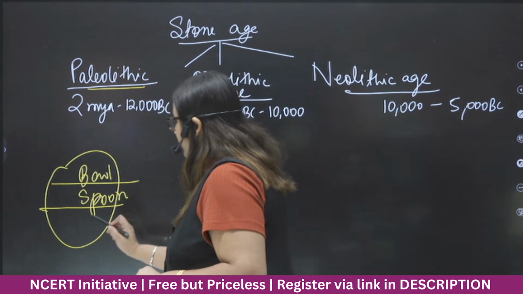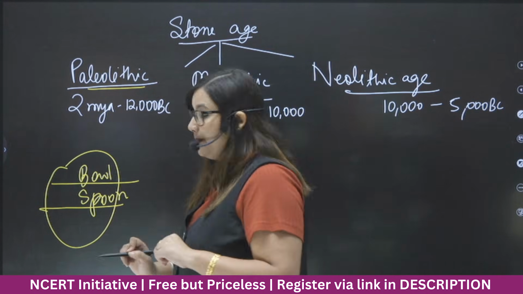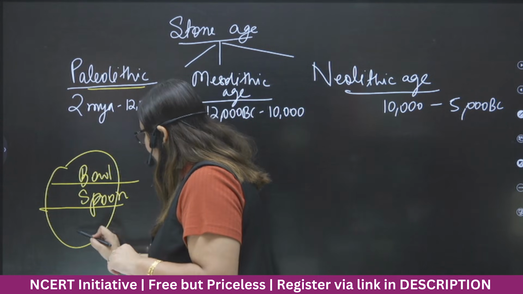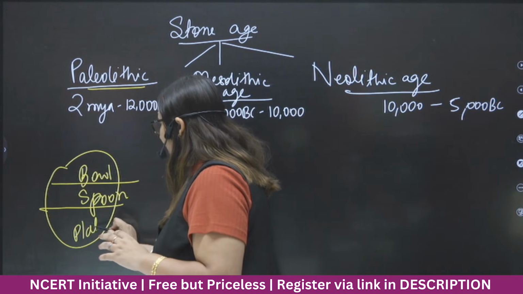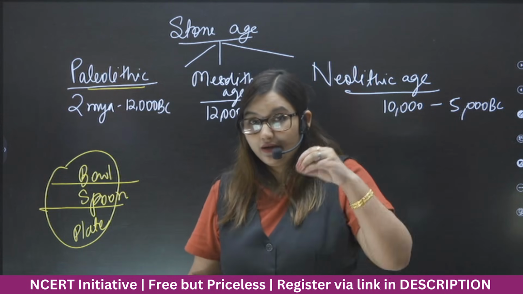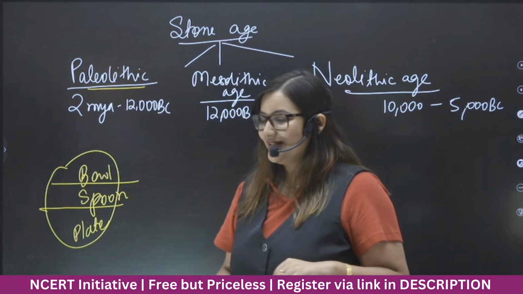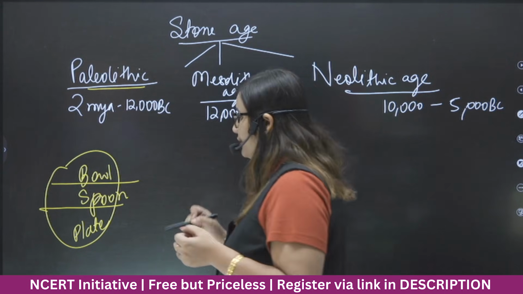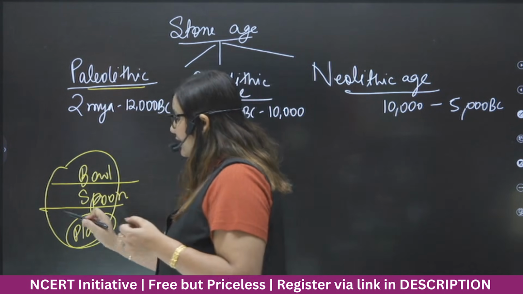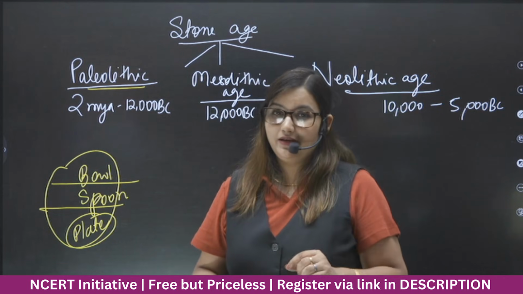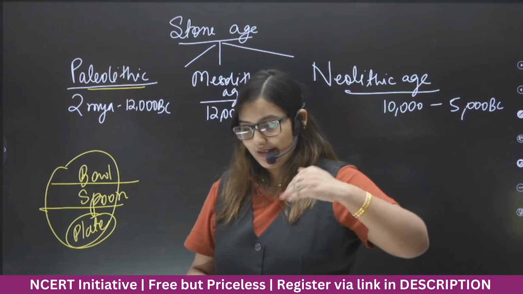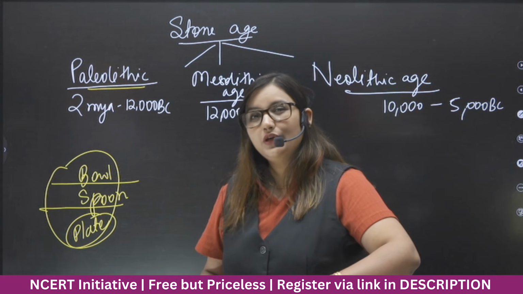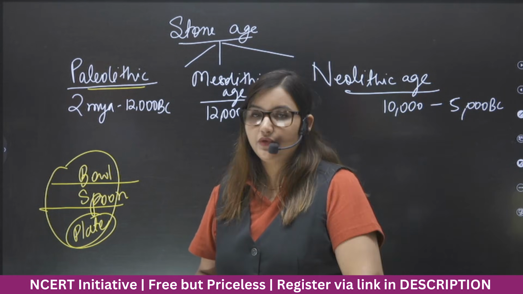Then we have the third one, which is, let's say, a plate. If I get a plate in a deeper surface, then that will be known as the Lower Paleolithic Age. So just understand that the plate is the oldest thing here. If you dig inside the surface, the deeper you go, the older things you will get.